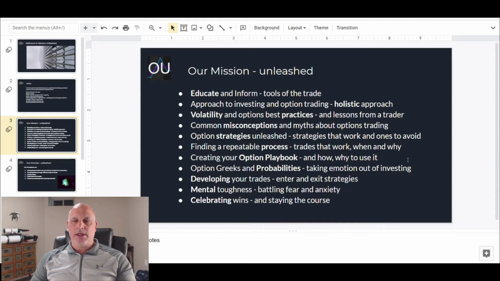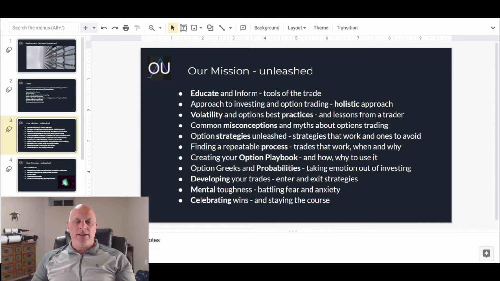And also how to play different strategies in a repetitive process, so we're not guessing, and get that streamlined down to a process where you can look at a chart after a while and get a grasp right away of what type of strategy you want to play without spending a lot of time.